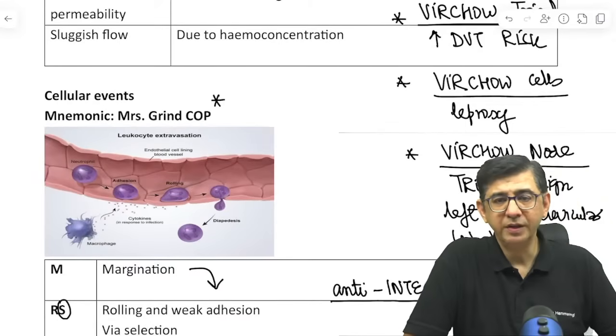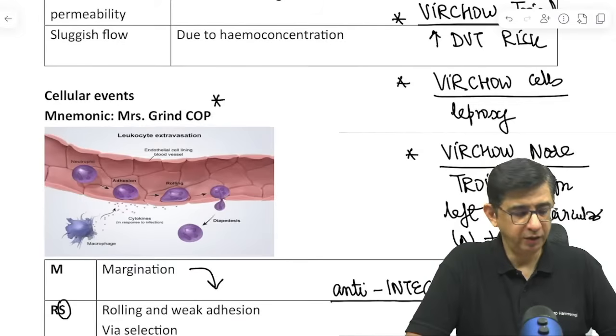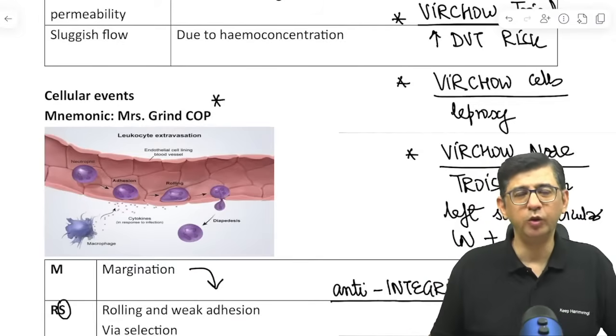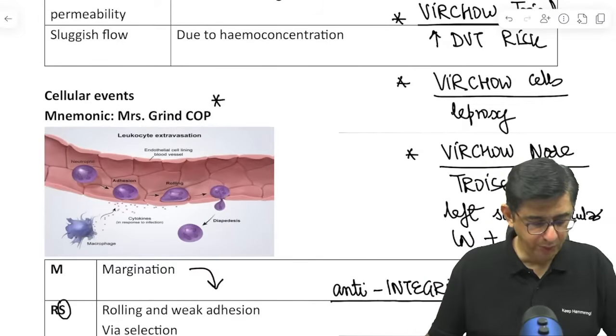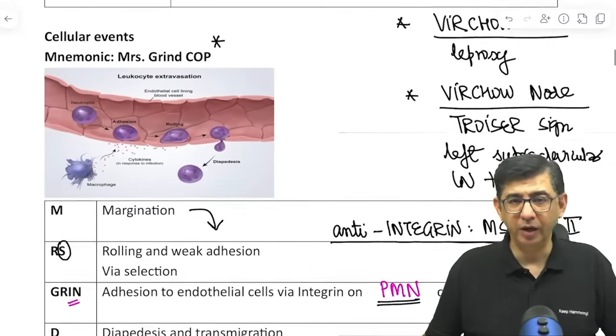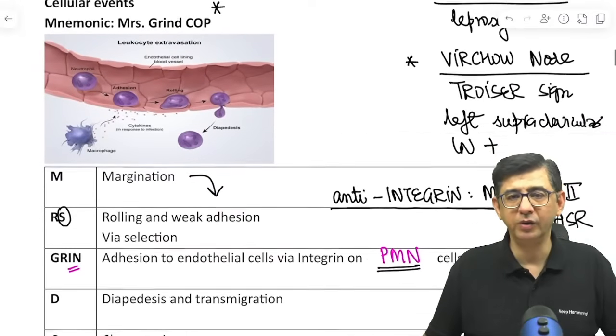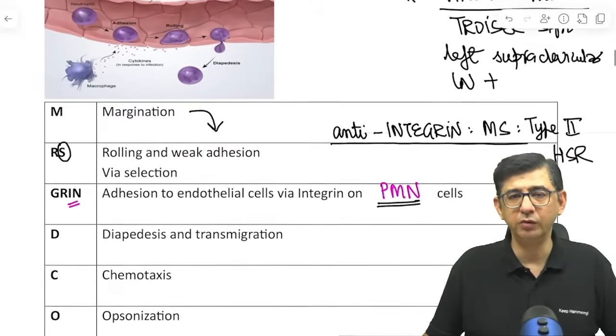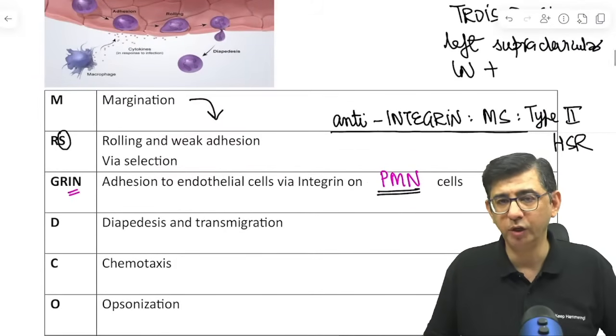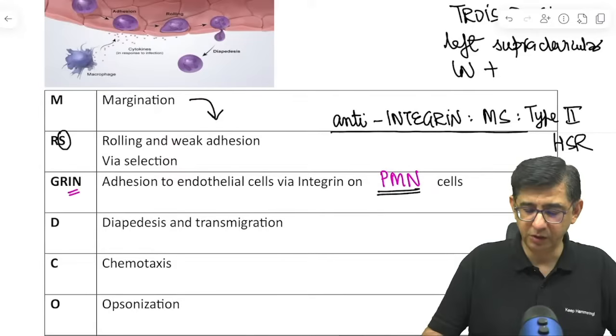Okay, so what we discuss next is the cellular events that are related to the process of inflammation. The mnemonic that you guys are using and the one I'm using are slightly different. I was saying the word Mrs. Grind, and the question I had put up to you initially was: what is the anti-integrin molecule used in multiple sclerosis? Some guys had commented rightly, the name of the molecule is natalizumab.